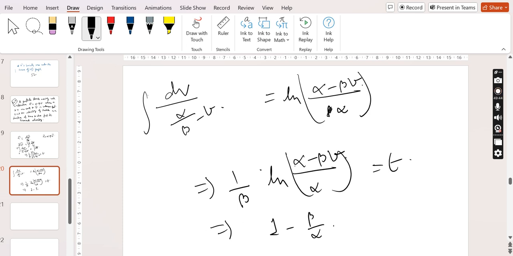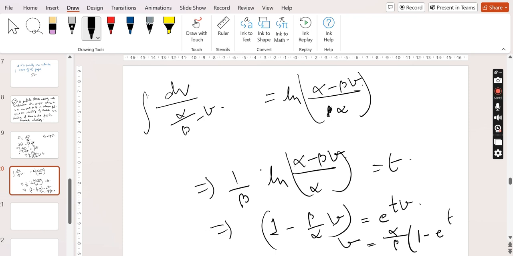Solving, v equals alpha by beta times 1 minus e to the power minus beta t.